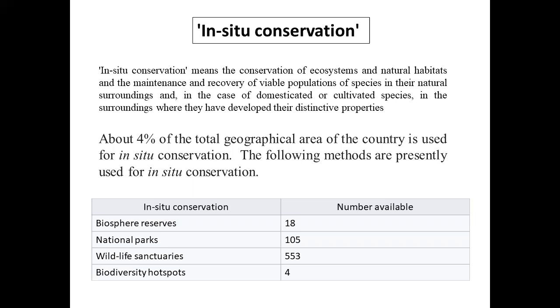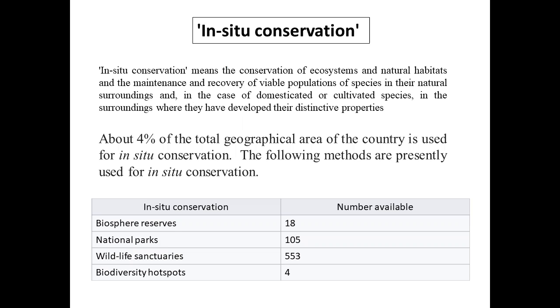In situ conservation means the conservation of ecosystem and natural habitats and the maintenance and recovery of viable population of species in their natural surroundings, and in the case of domesticated or cultivated species in the surroundings where they have developed their distinctive properties.